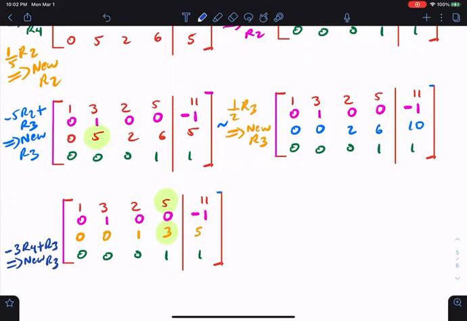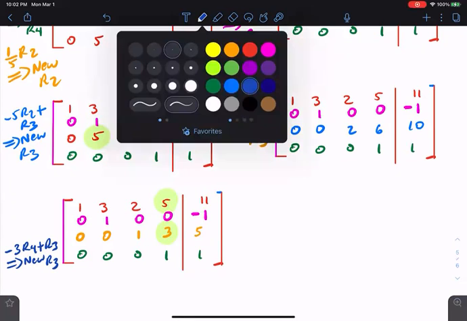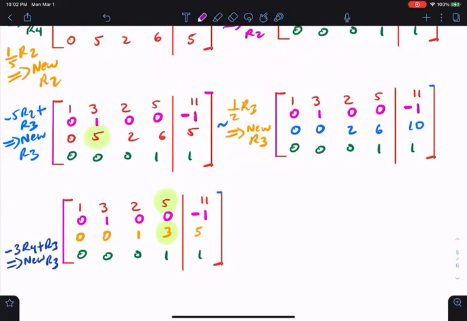That's one step. And the next step, we can do -5 row 4 plus row 1, and that will give me the new row 1. So let's do that.